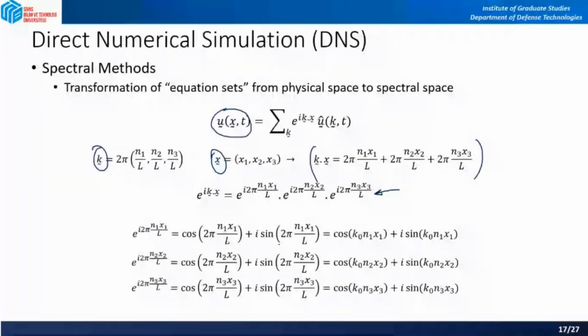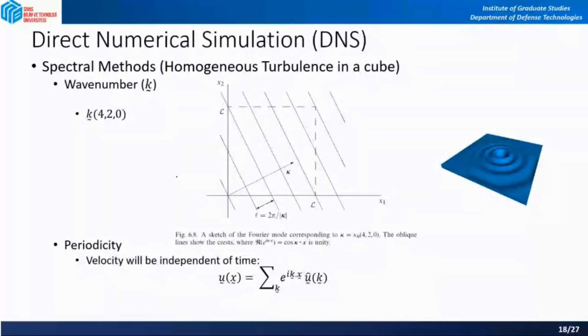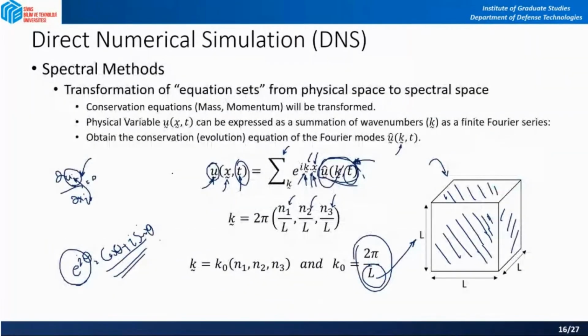Sinusoidal function means waves. So how does a wave number vector look like? I told you in here I have n1 number of waves in one direction, n2 number of waves in two direction, and n3 number of waves in third direction.